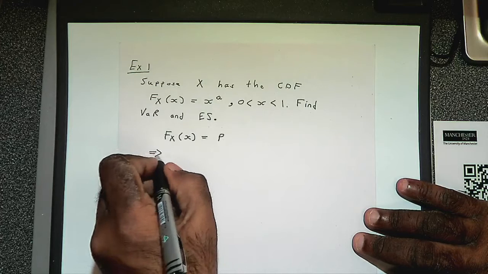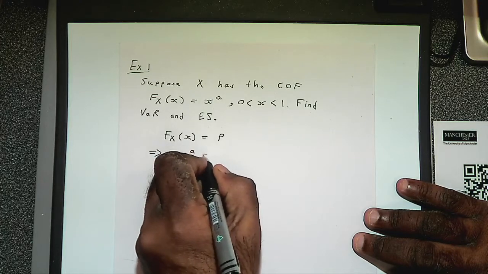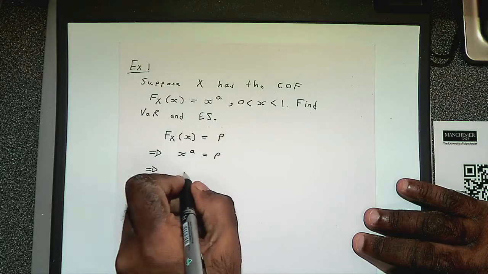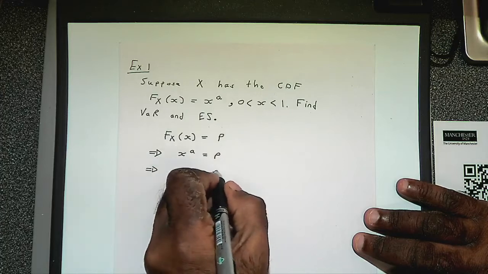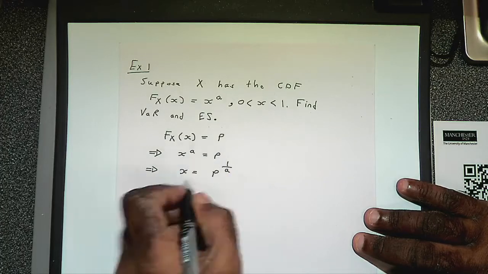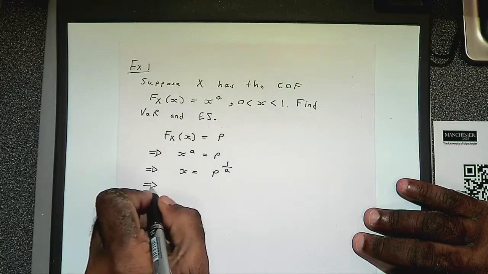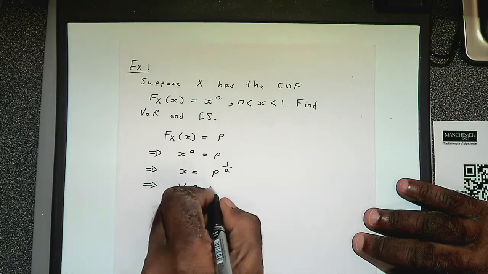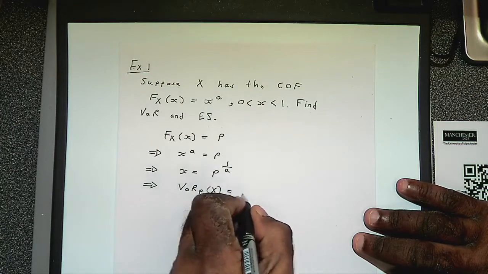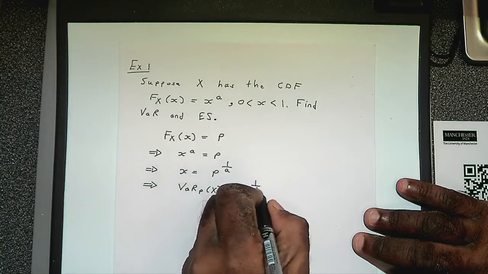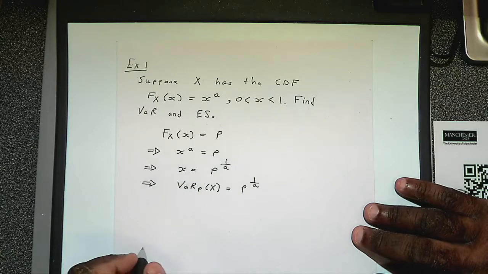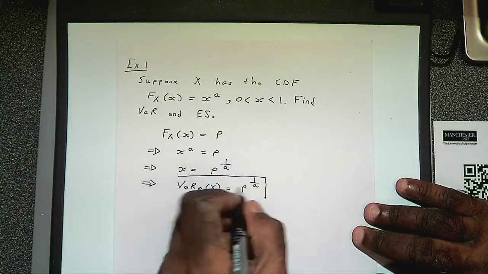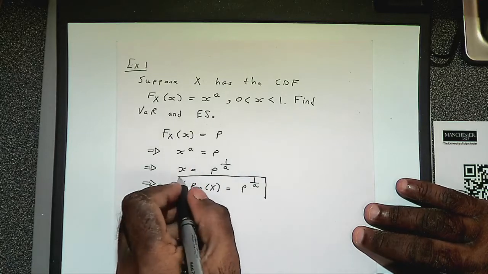So this becomes this, and this becomes okay. So this is the value at risk if x is assumed to have this CDF, which is trivial really.